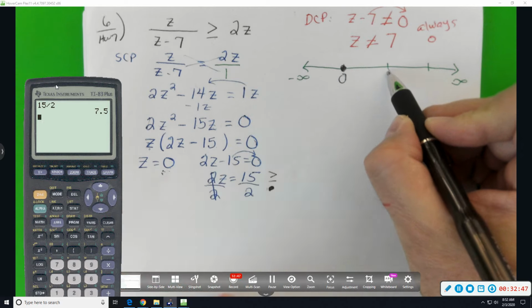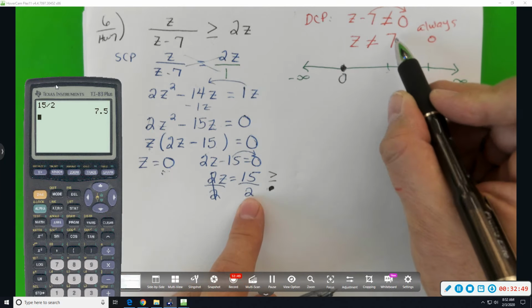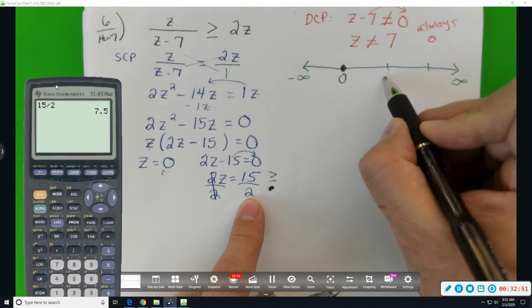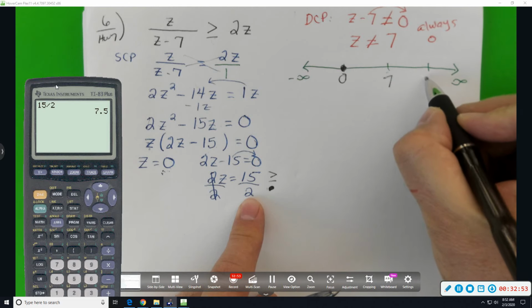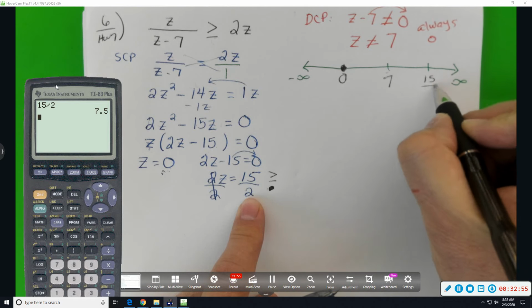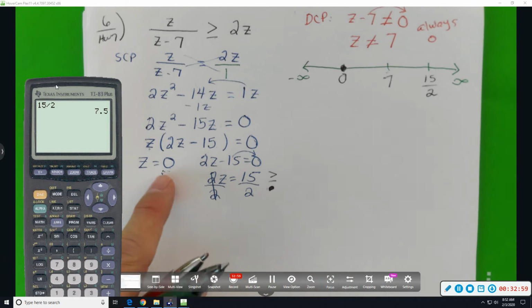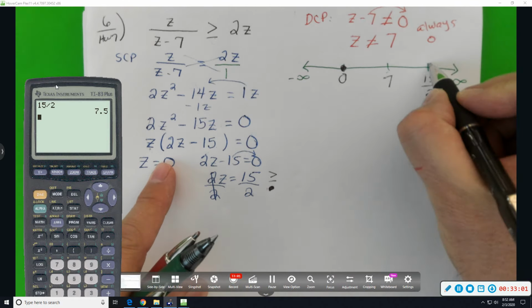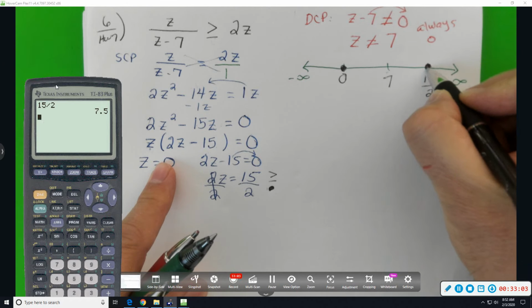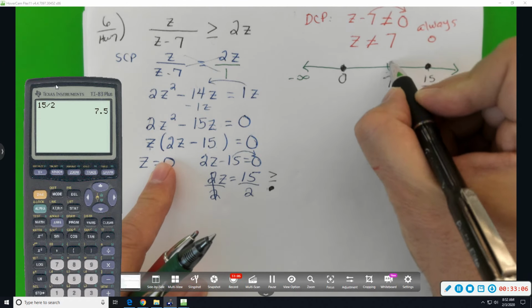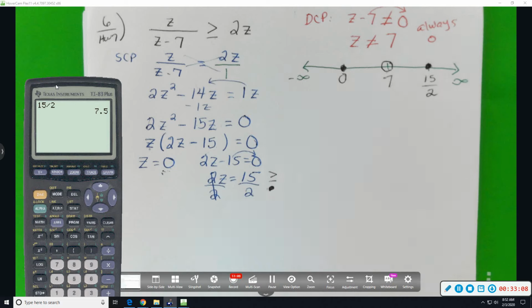Then what's the next one? Is it going to be 15 over 2 or 7? 7. Because 15 over 2 is 7.5, so it's bigger. And let me get these circles right. 0 and 15 over 2 had closed circle. The 7 had an open circle.